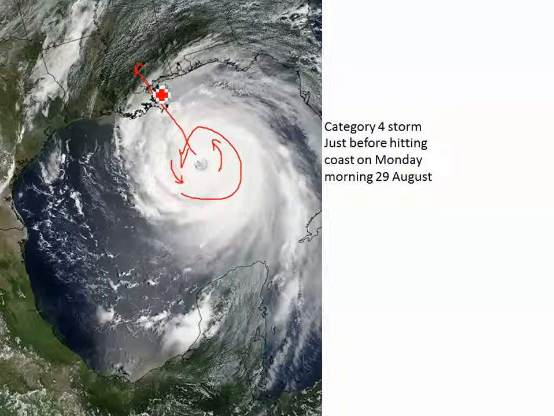And Bay St. Louis and Waveland, which I'll show you some pictures of, is right about there. And the eye actually tracked right over them. And so they were a little to the east, so they got the most intense of the storm surge and the most intense of the winds.